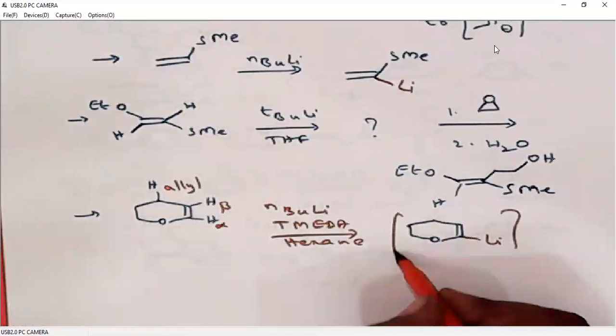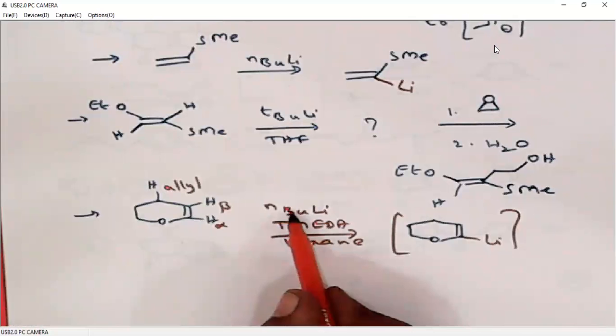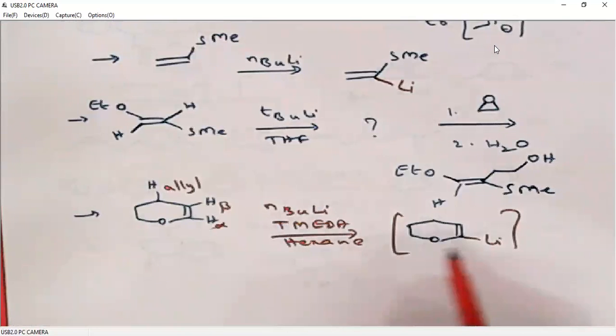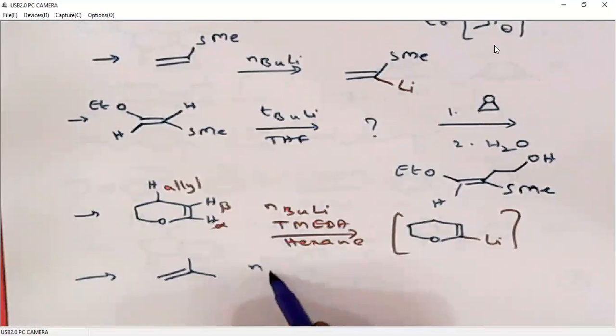Only it is undergoing lithiation, probably due to the stabilizing effect of oxygen. Oxygen can coordinate to the lithium. So n-butyl anion can pick up this proton. So probably the alpha position to oxygen is undergoing lithiation preferentially. Last two examples.